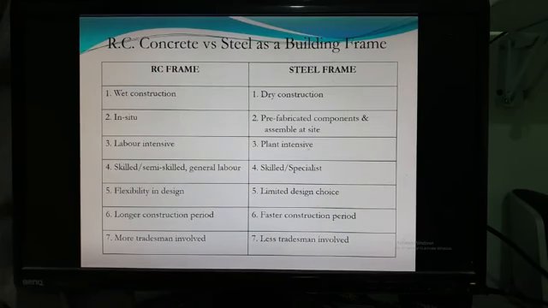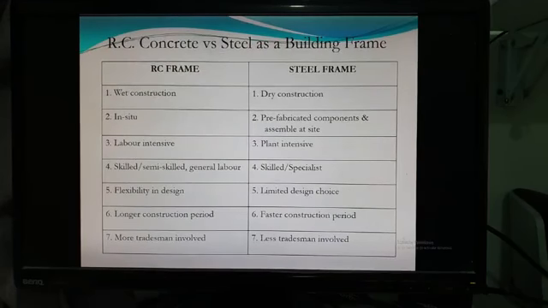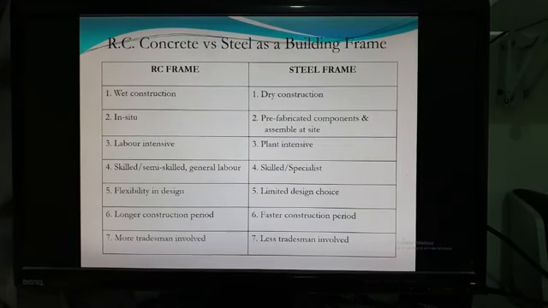Whereas for steel, we need a lot of plant, especially heavy lifting plants, and of course we still need manpower, but they are more specialist types of manpower who can handle these prefabricated components. Plant or the cranes, which are very important.